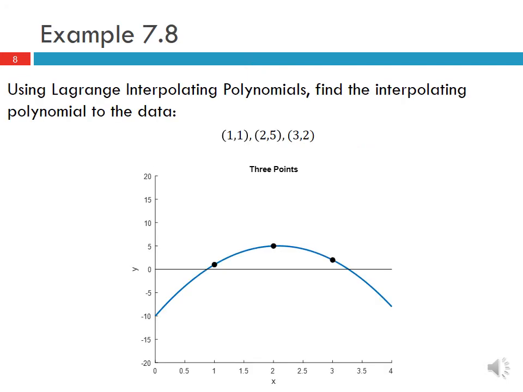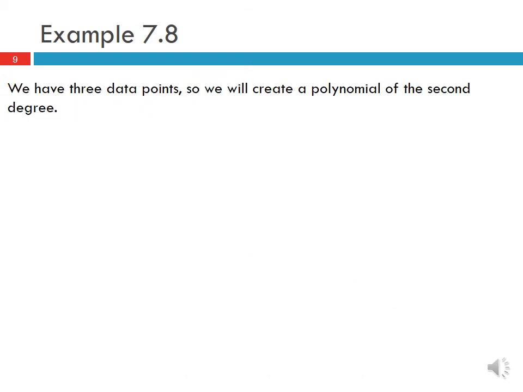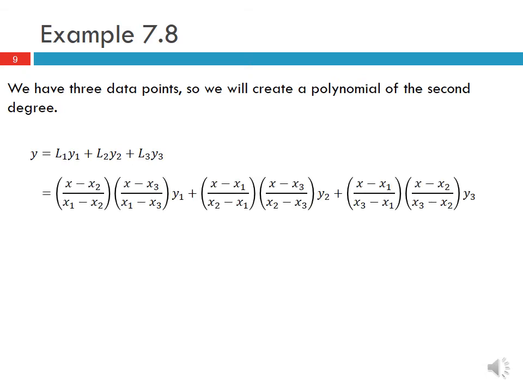Now let's add another point and find the interpolating polynomial to this set of 3 points. Here we have 3 points, so we're going to create a polynomial of the second degree. So y is equal to L1y1 plus L2y2 plus L3y3, where we can use, again, our product operator to find all of these L's.